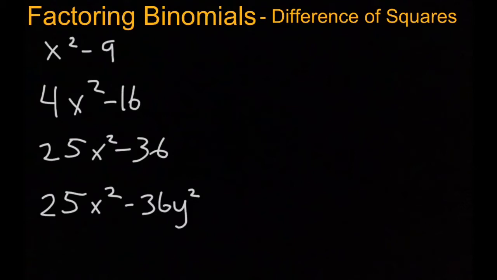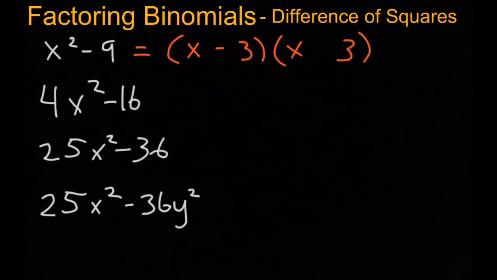So for the first question, x squared minus 9. This one's pretty easy. It's just the square root of x and the square root of 9, which is 3, and a negative sign on one side and a plus sign on the other. 4x squared minus 16.